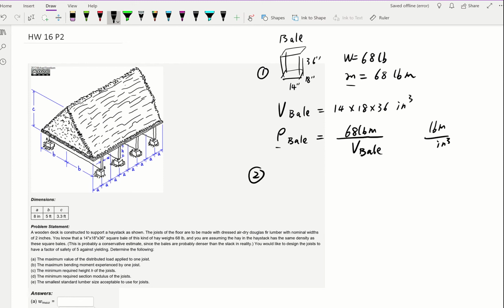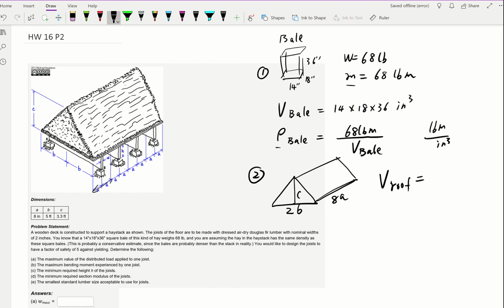Then using the density as a bridge, we can figure out this haystack. This haystack is in this shape. It's a triangular prism, and the dimensions are 2b, and this is c, and the length: there are 4 joists, and each one is 2a, so that will be 8a here. So we can figure out the volume of the roof.